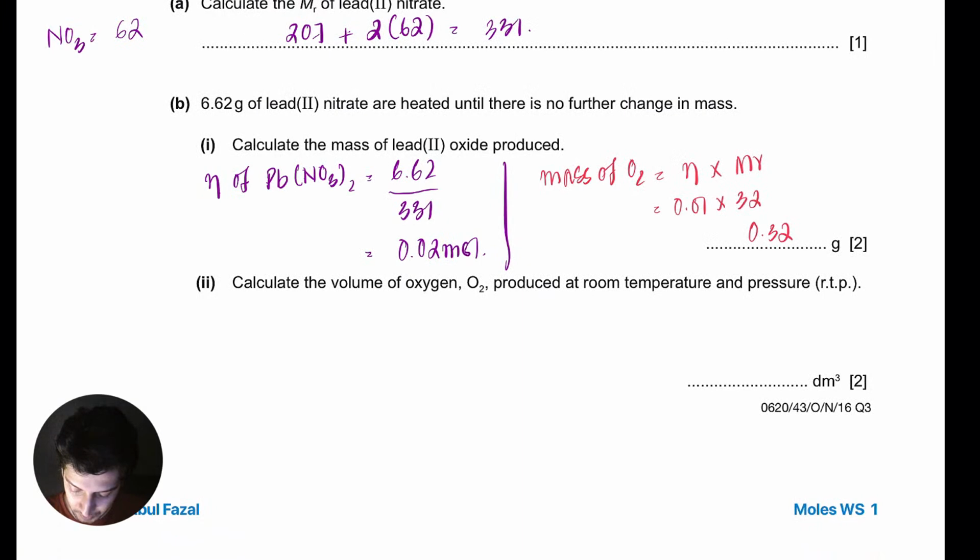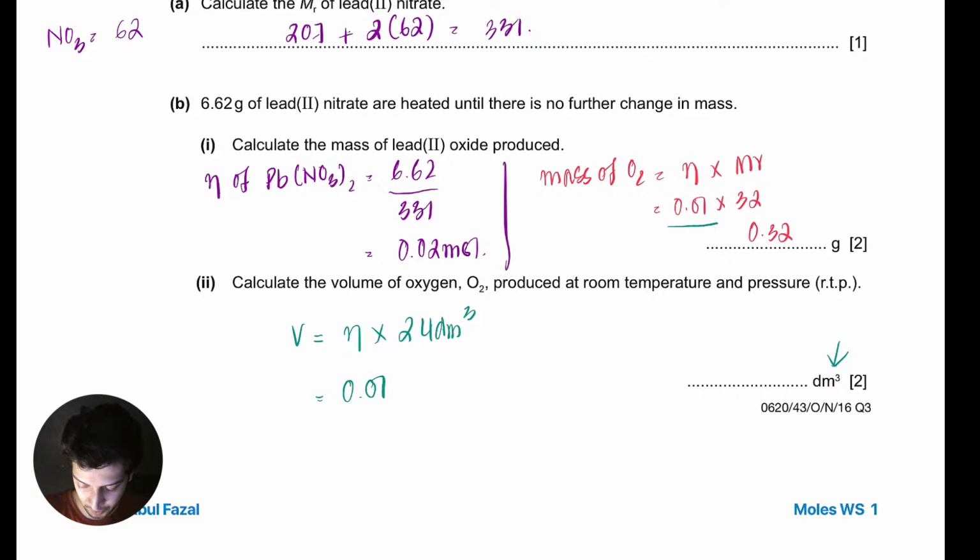Calculate the volume of oxygen produced at room temperature and pressure. So I don't need to do anything aside from picking a good color. Let's go with green. Volume is going to be the moles times, do they want it in decimeter cube? Yes, they do. So I'll use 24 dm cube. If they asked for it in centimeter cube, I'd use 24,000 centimeter cube. And this is 0.01.